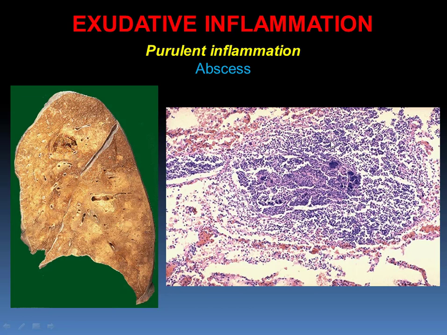Microscopically we see billions of neutrophils, necrotized tissue of the lung, dark purple colonies of bacteria, and pyogenic membrane with blood vessels, which is represented by granulation tissue.